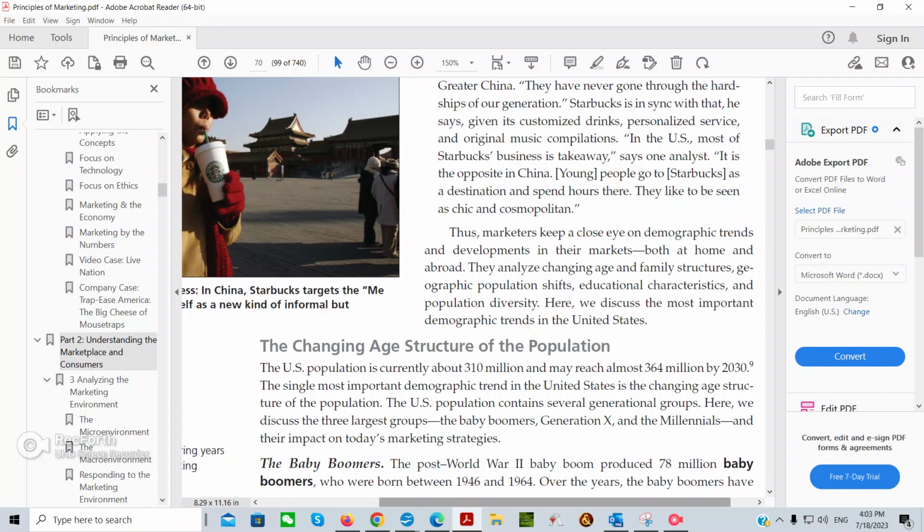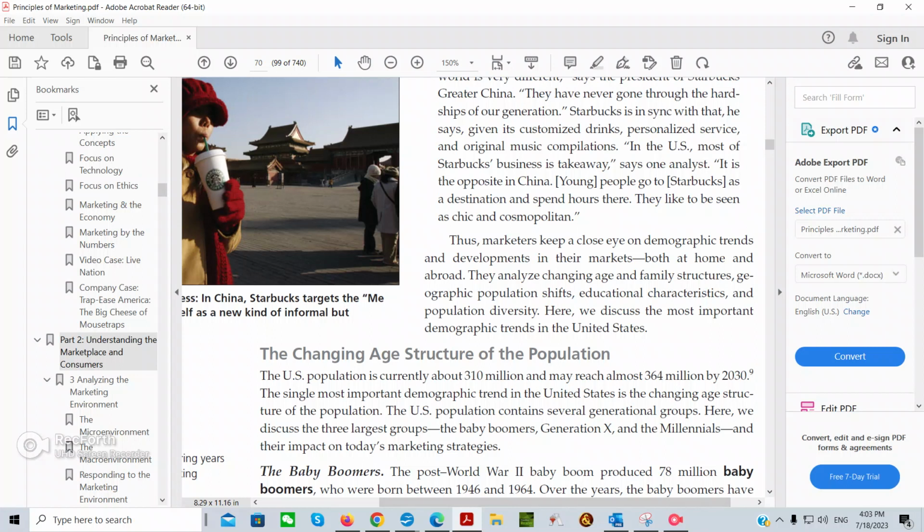Let's talk about the changing age structure of the population. The US population is currently at 310 million people. This was at the time of the publishing of this book in 2012, and it will reach about 364 million by 2030, which is pretty realistic because I think it's about 350 by now.